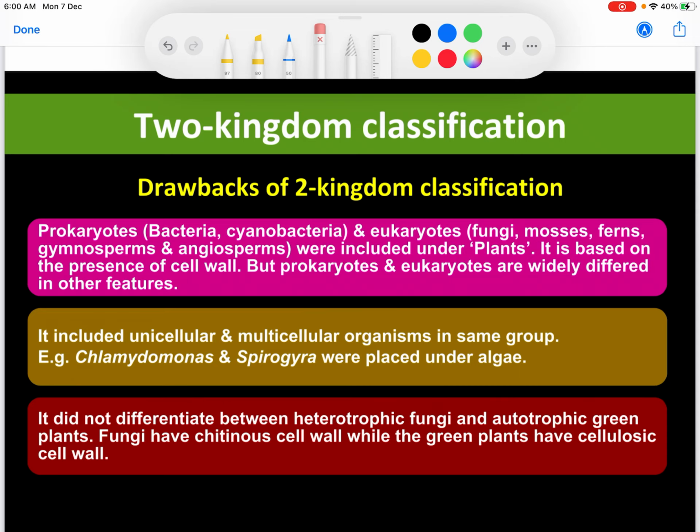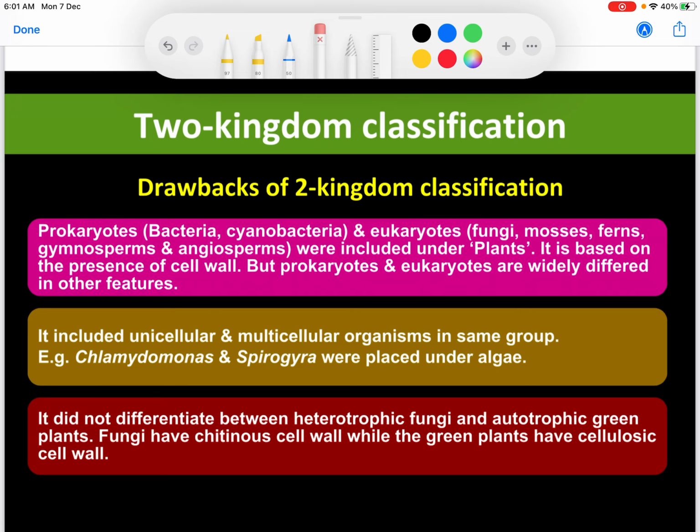So two kingdom classification has its own limits, as we have found different types of plants, as we have gone through their various characteristic features. We came across, with the help of so much technology, microorganisms that are unicellular. We have so many multicellular organisms, but earlier we could see only multicellular ones.